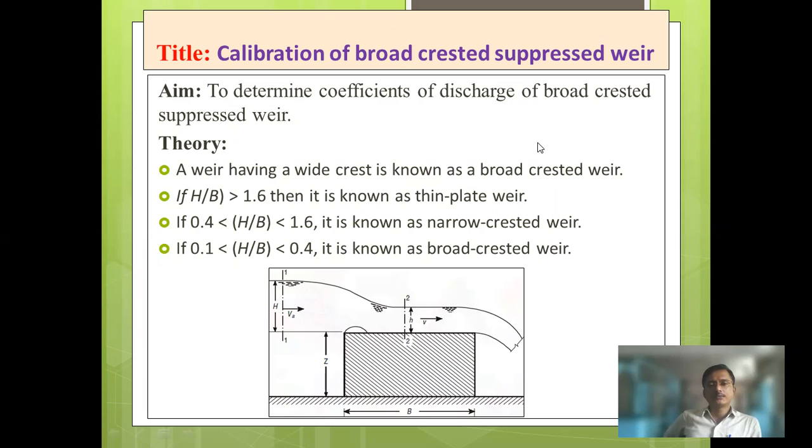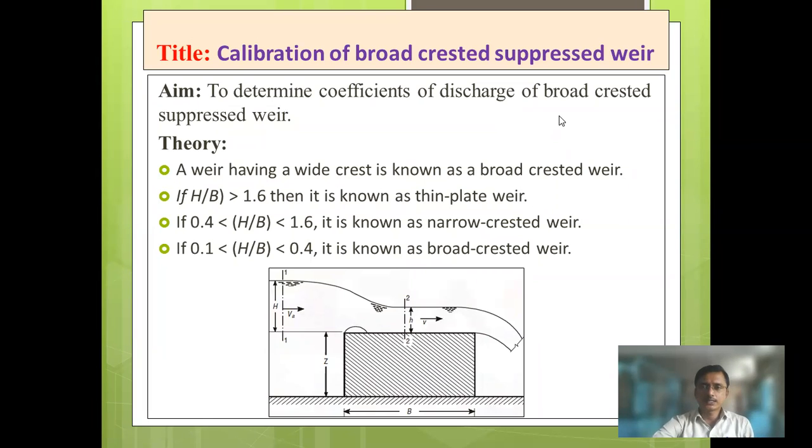As you can see in the diagram, the width of the crest is shown by the capital letter B, and the head of the water above the crest is H. If the value of H is much greater than the width of the crest, then we call it a thin plate weir. In other words, if the ratio H by B is greater than 1.6, then we call it a thin plate weir.